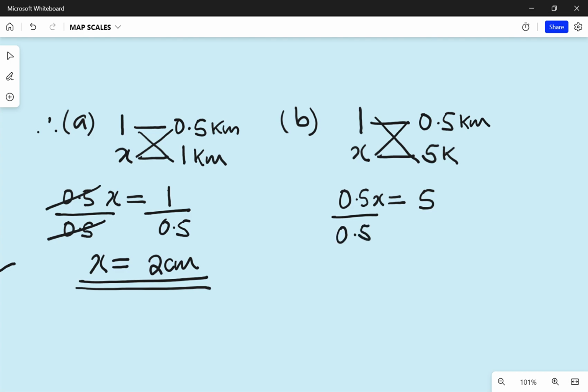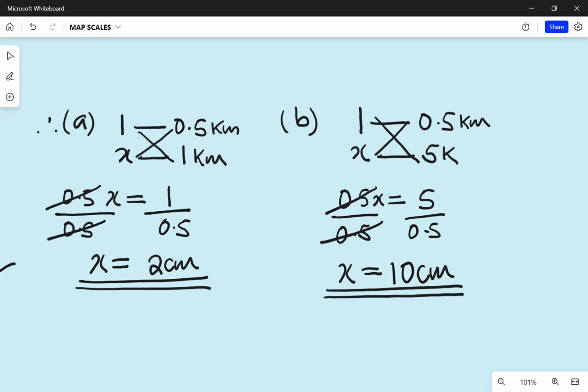Divide both sides by 0.5. So that and that will go. So x is now going to give me 5 divided by 0.5, which is going to give me 10 centimeters. That is my answer. Very simple and straightforward. So we have seen how we can find distance on the map.